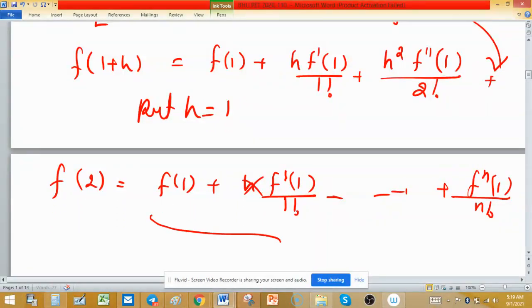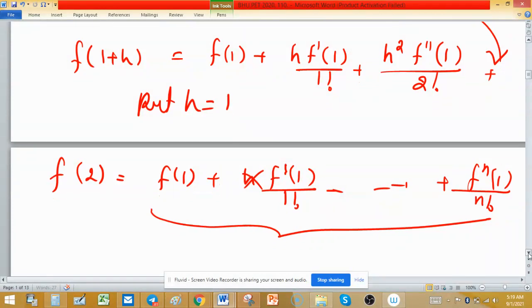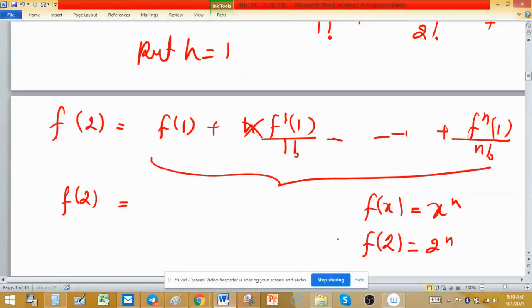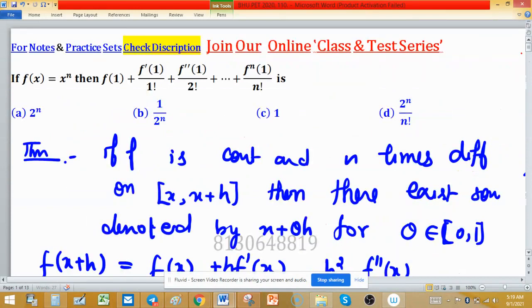So you can see this is the expression we have to find the value of. This value is equal to f(2), and we will find this using the given function f(x) equal to x raised to the power n. So put x equal to 2, so 2 raised to the power n will be our right choice. So which option is giving 2 raised to the power n? Option first is correct.